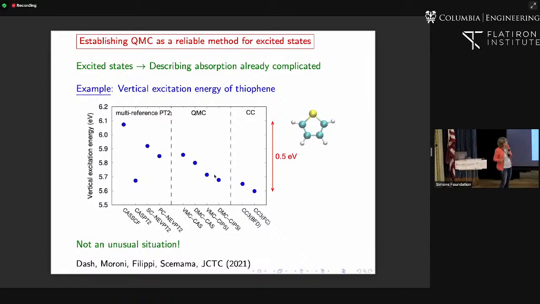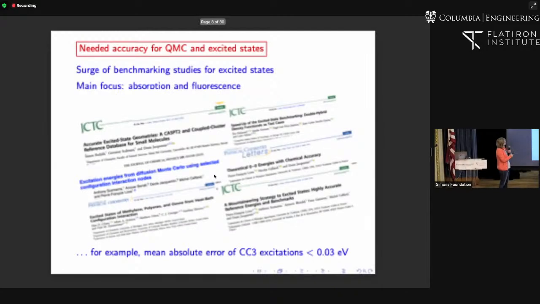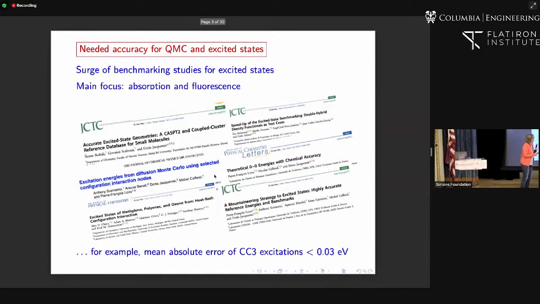Indeed, in recent years there have been a lot of benchmark studies for excited states, mostly assessing absorption and fluorescence, starting from coupled cluster singles, doubles, triples, going higher, extrapolating to full CI. There is mostly the group of Pierre-François Loos and Denis Jacquemin, but also a paper by Cyrus Umrigar with heat bath configuration interaction, really to establish how high we must go to describe excited states accurately.